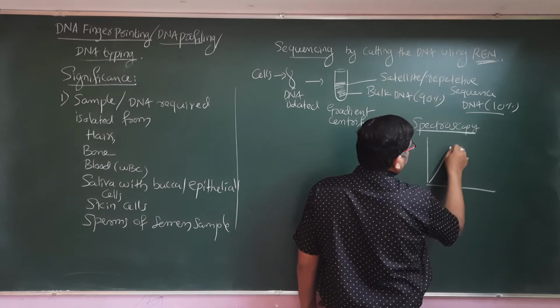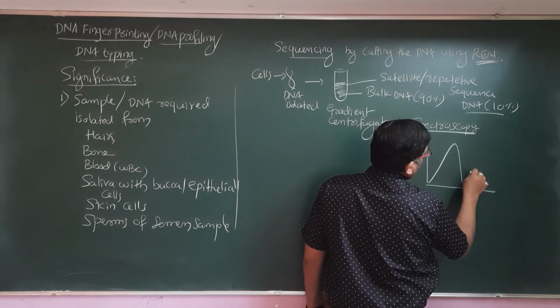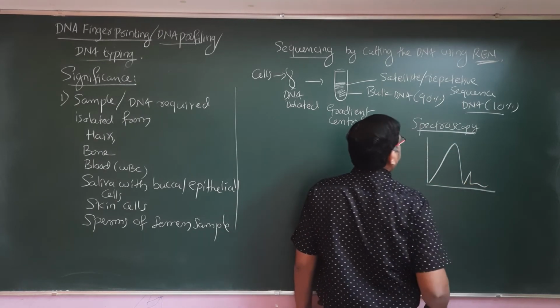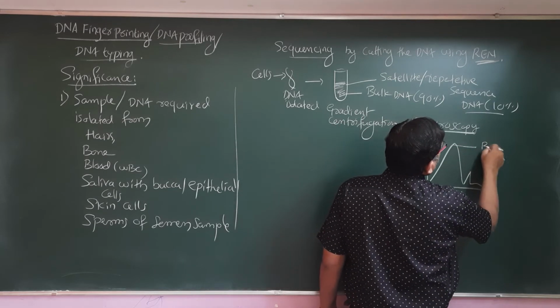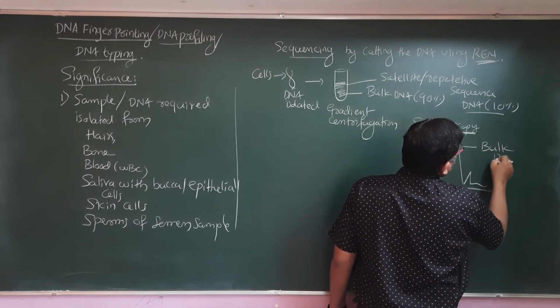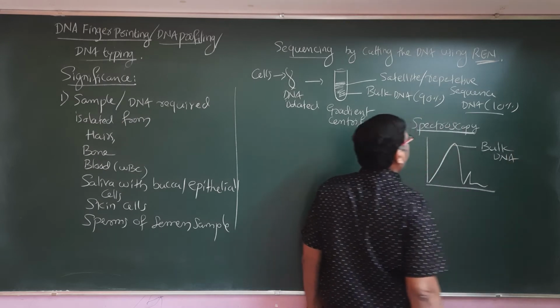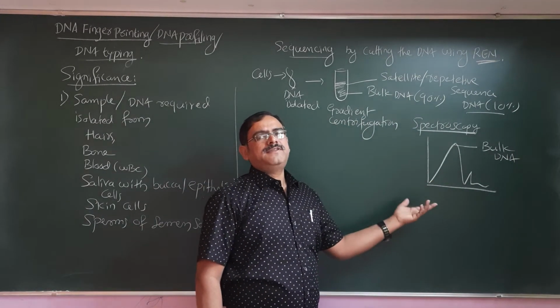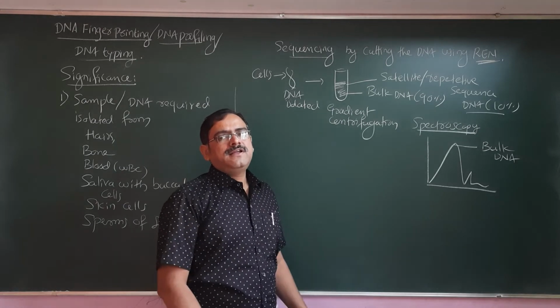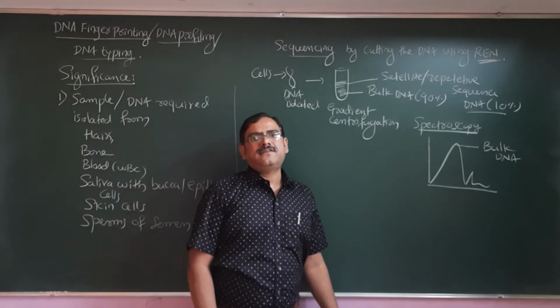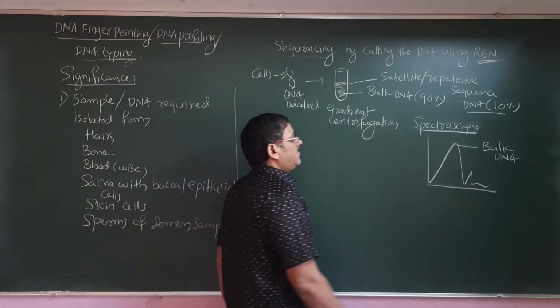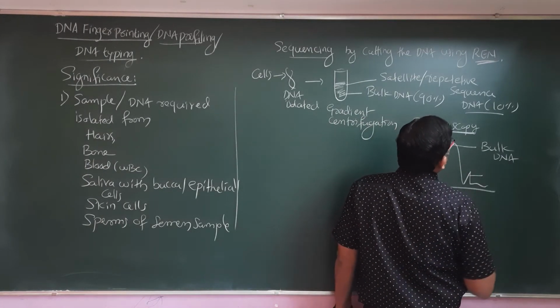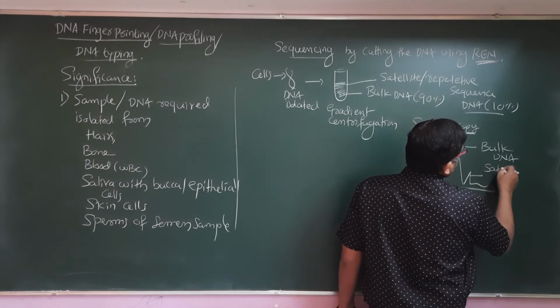It forms a large peak, a narrow peak, a small peak. The large peak is the bulk DNA, which is not of interest to us because it has a variety of sequences, but we are targeting the repetitive or satellite sequences.